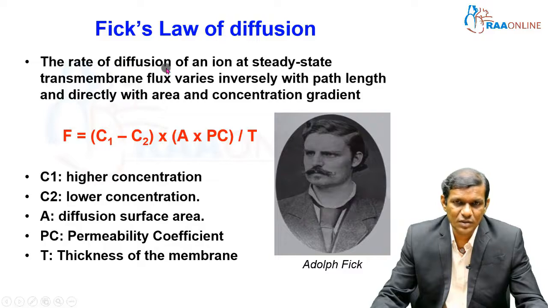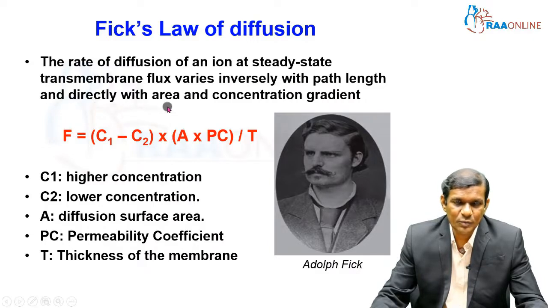The speed of diffusion is inversely proportional to the path length. For example, if the length is smaller, the drug passes quickly. If the length is larger, the diffusion takes time. That is why it is inversely proportional to the distance.